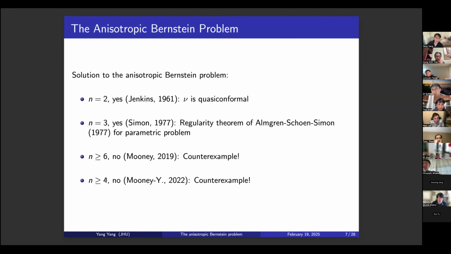Once we can build some example in dimension 4, the example in higher dimension is automatic. We can just make it constant in the remaining directions. Of course, you can make it constant, but is there any hope to construct anything different in dimension five?